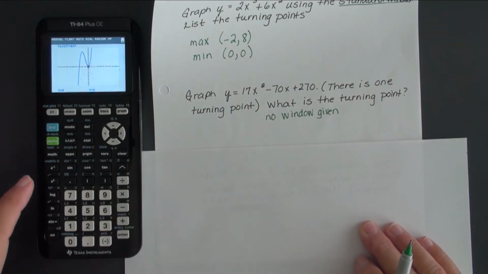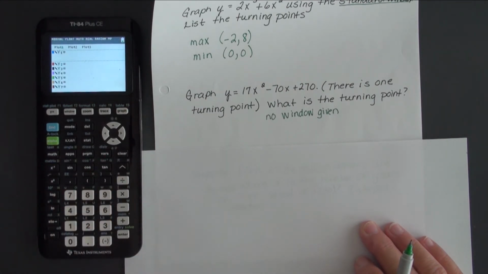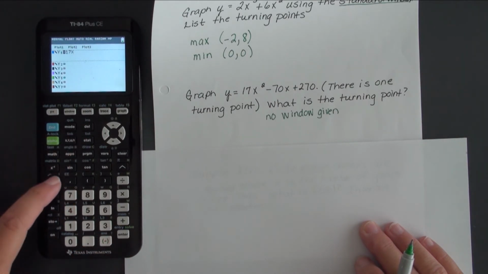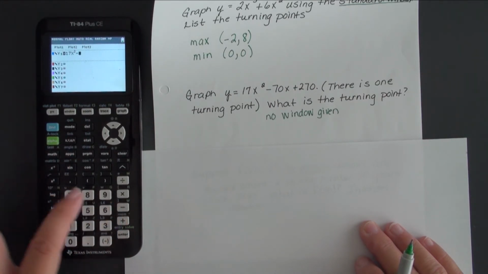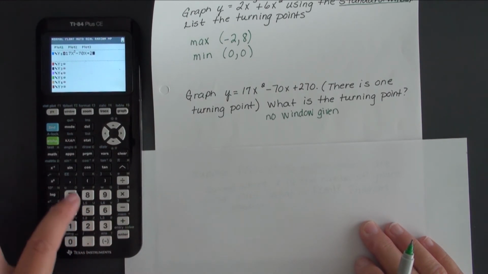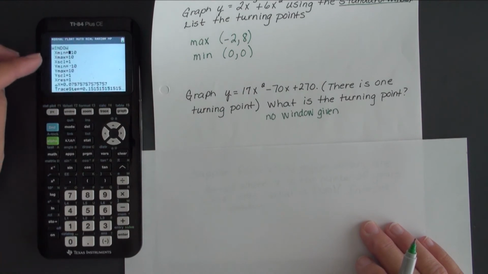So I'll go in and I'll type in y equals, I'll clear out my equation, and I'll put 17x squared minus 70x plus 270. Now what I normally do when I'm not given a window is I go in and I set my x minimum and x maximum to -10 and 10. They're already at -10 and 10.